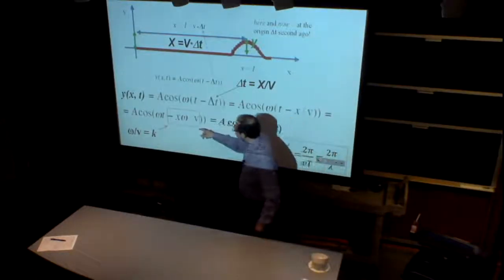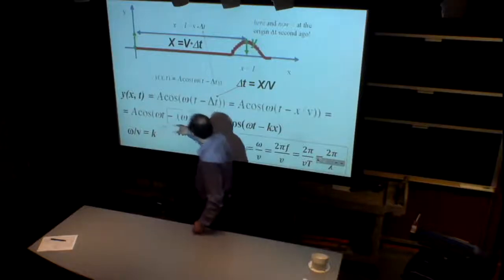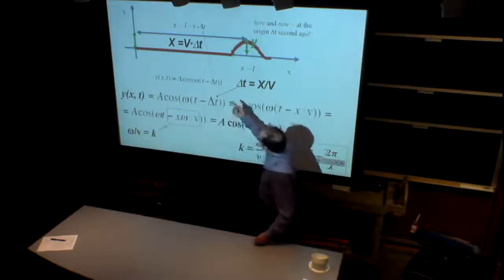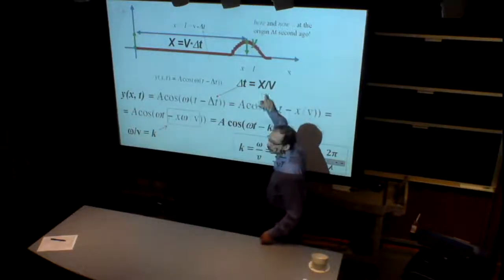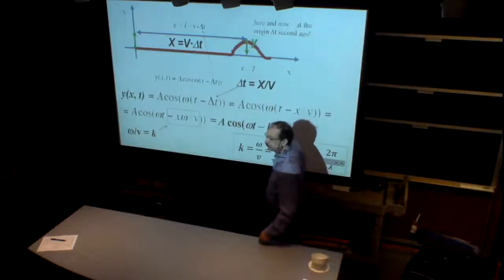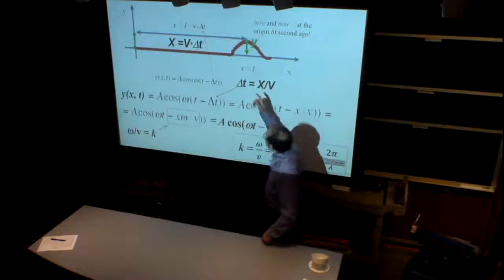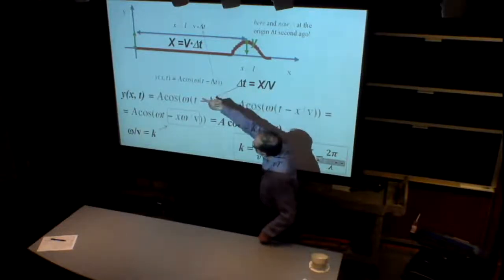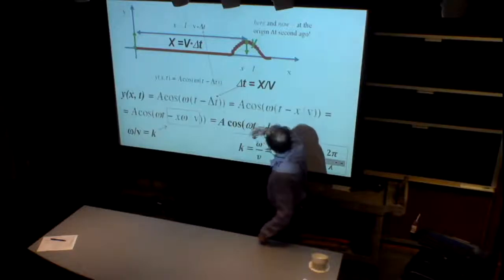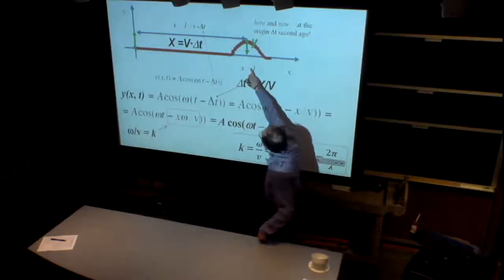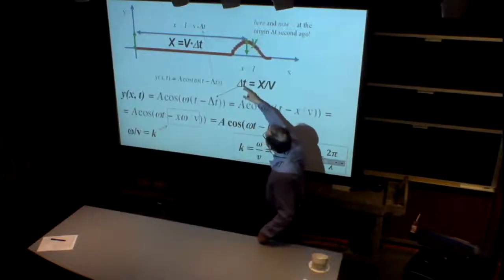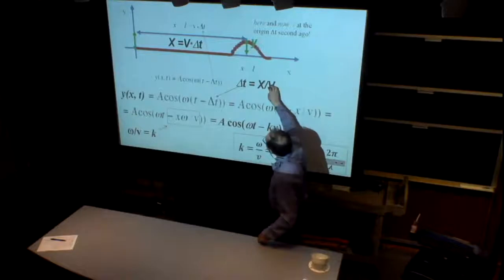And this combination comes from just the expression for time, which some people call the time delay, because the same displacement we observed this time before at the origin. And if the location is here, distance traveled equals speed times time, so time will be equal to this distance traveled over speed.